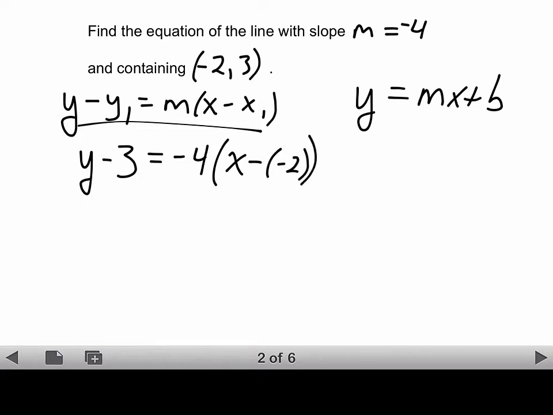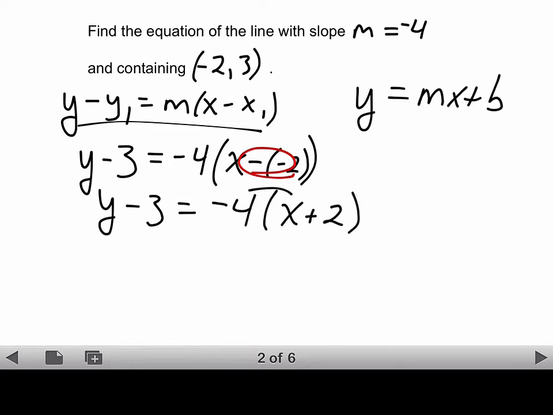We have to mind our negatives here. There's a minus built into the formula, and the coordinate is a negative number. First, dealing with the double negative, we have y minus 3 is equal to -4 times the quantity of x plus 2. Distributing the -4 gives us y minus 3 is equal to -4x minus 8.